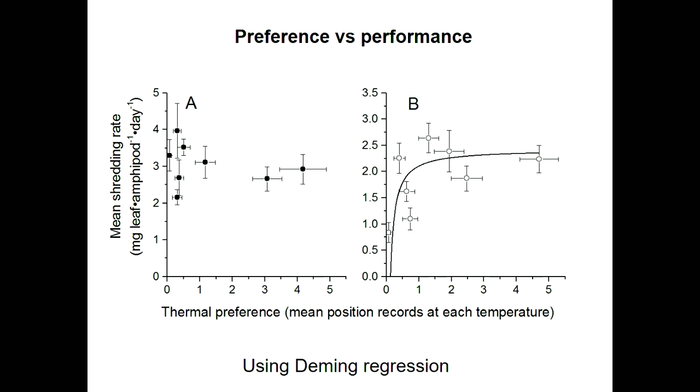So we seem to see a plateau at this kind of optimum feeding rate where they spend more time at those temperatures where they perform best. This is using a Deming regression that takes into account error in both x and y with some nonlinear curve fitting. So that's of interest, and I don't think that's been shown before that there's a difference between invasive and native in terms of their capacity to preferentially select microhabitats.